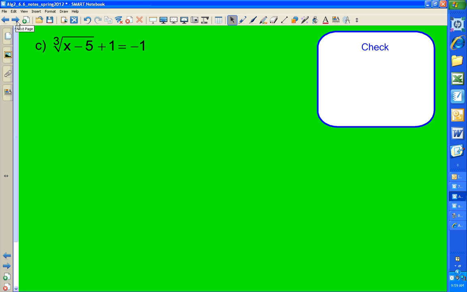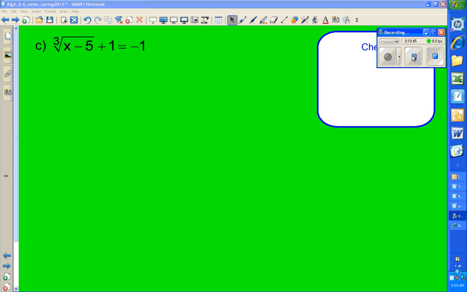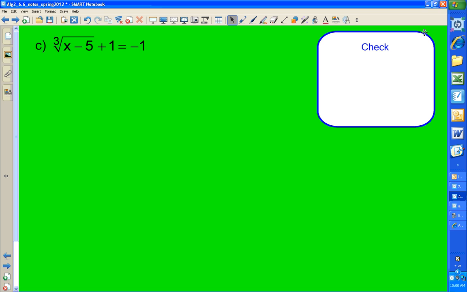A little bit more complicated now. We have a radical, but it's not isolated. So see if you can isolate this. Okay, so what are we getting for x on this one? Negative 3. Yeah.